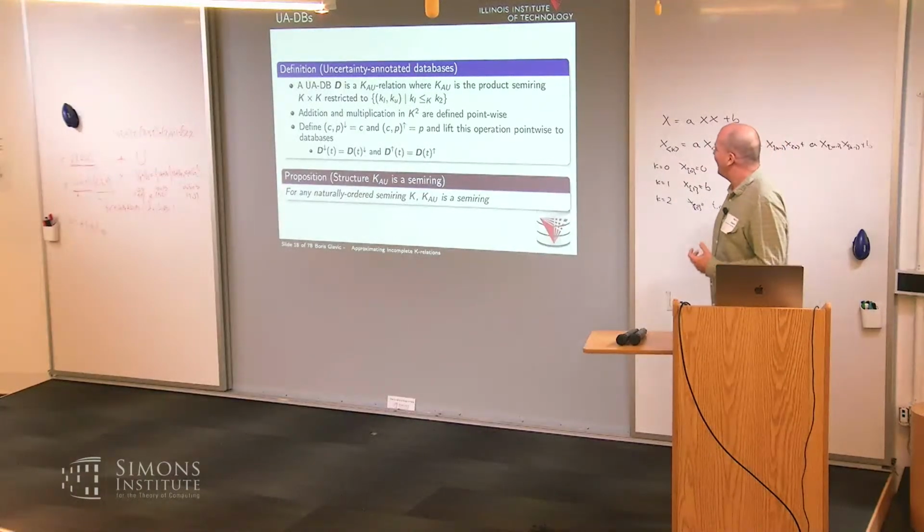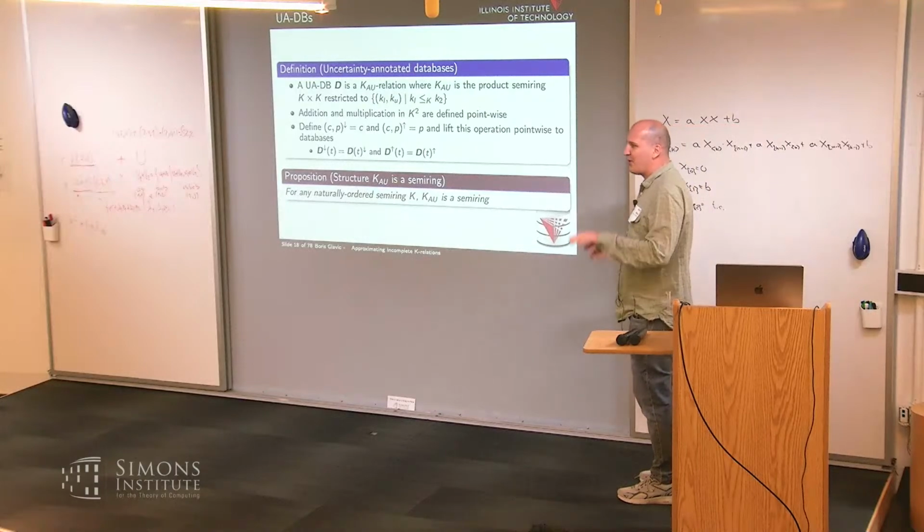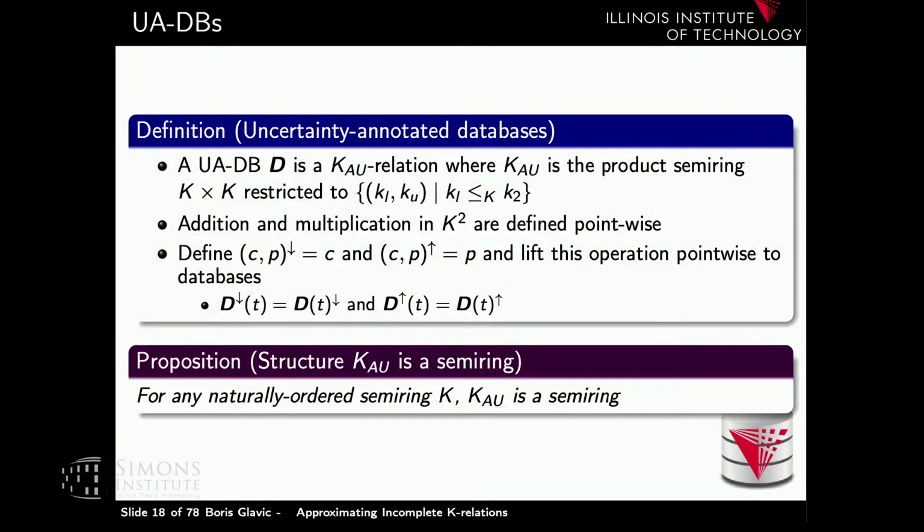Okay, cool. Now, good. So now I'm going to define some new data model that is just trivial because it just takes the under-approximation of certain and the over-approximation of possible and makes this one annotation. It's just for convenience. You could also, as we will see, treat this independently for most of the talk.